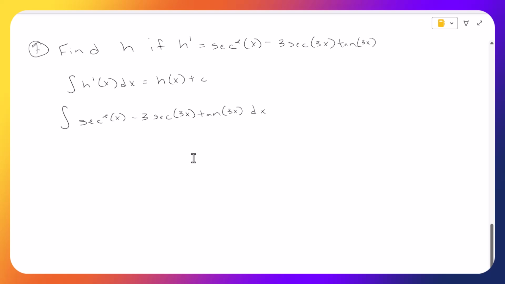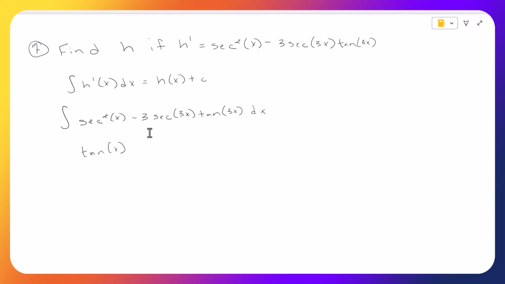So pause the video, take some time, try and figure out this antiderivative on your own. All right, now that you've tried to do it on your own, we'll do it together. The antiderivative of secant squared, well, I know that's going to be tangent of x. And then we have this negative 3 secant 3x tangent 3x.